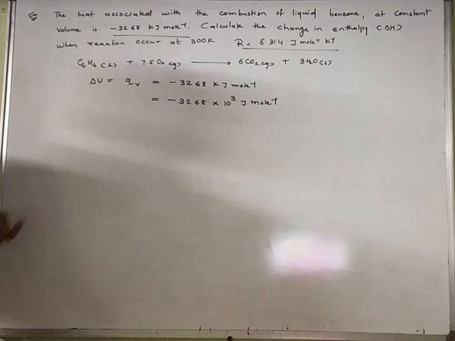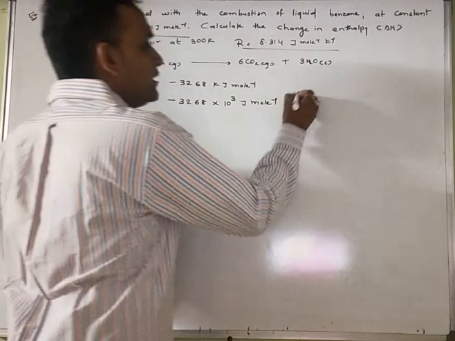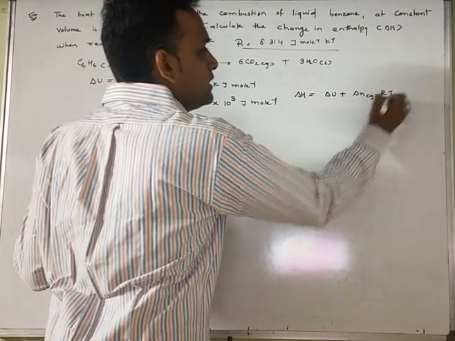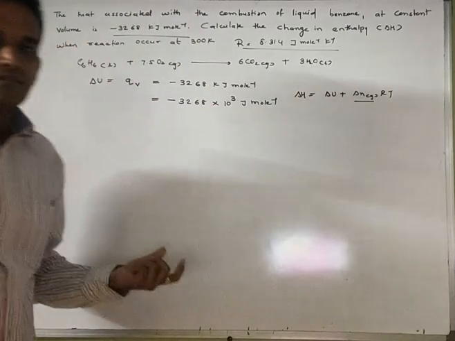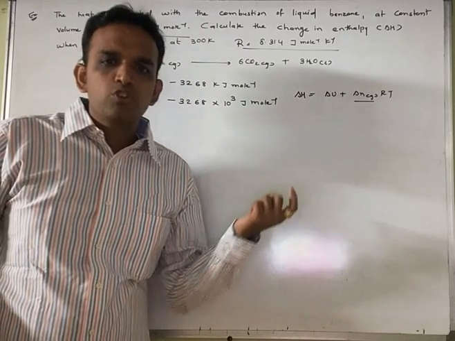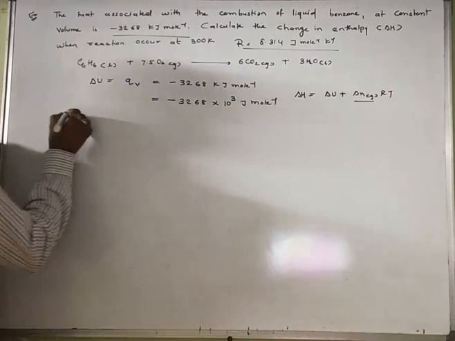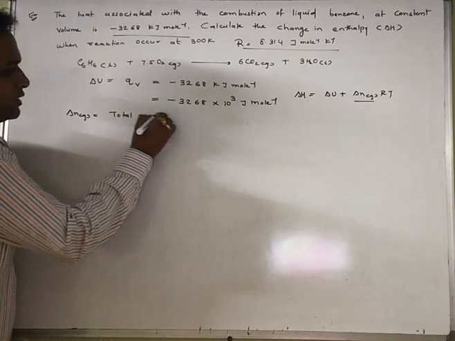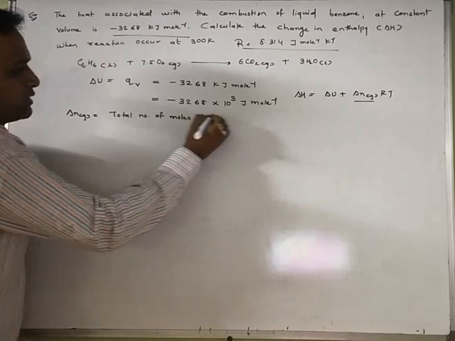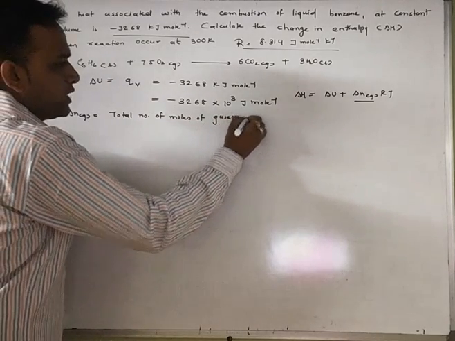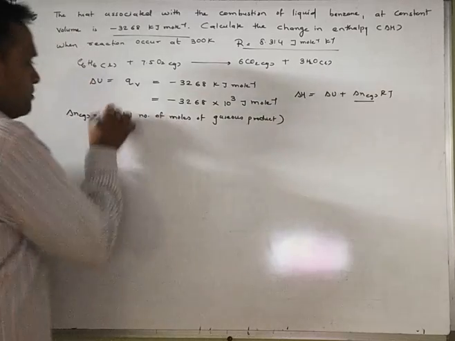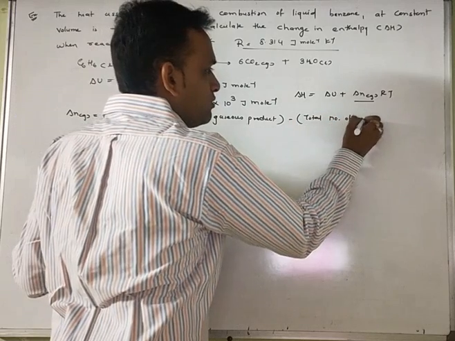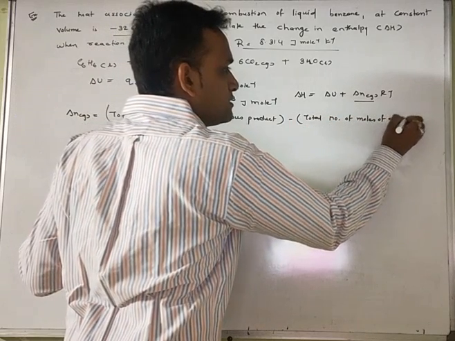Now we know that change in enthalpy, you all know that delta H equals delta U plus delta Ng RT. Now what is delta Ng? You all know that delta Ng is the total number of moles of gaseous product minus the total number of moles of gaseous reactant.